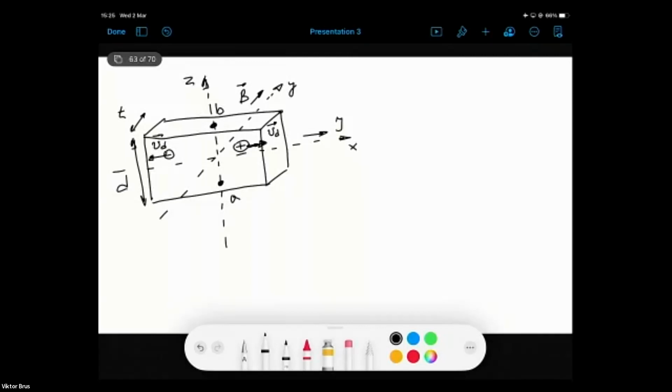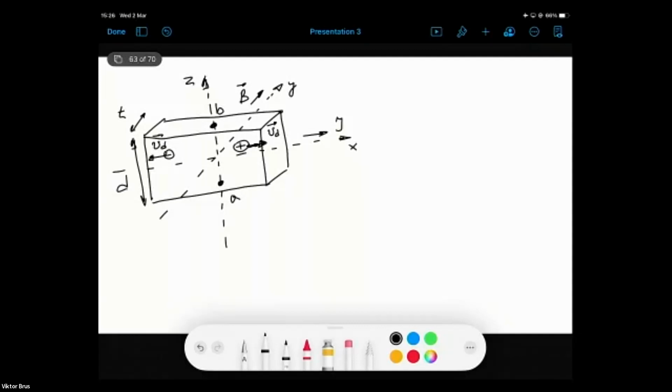So what is the reason for that? Actually, it is the magnetic force acting on moving electric charge carriers inside this conductor.